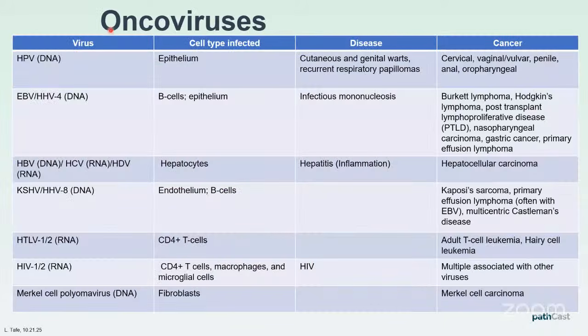And I wanted to share a couple of tables, which I think will probably be high yield for you to look back on, about the different viruses themselves, the types of cells that they infect, diseases that they are associated with, and cancers they are associated with. This is in the presentation for your reference to go through each of these viruses.